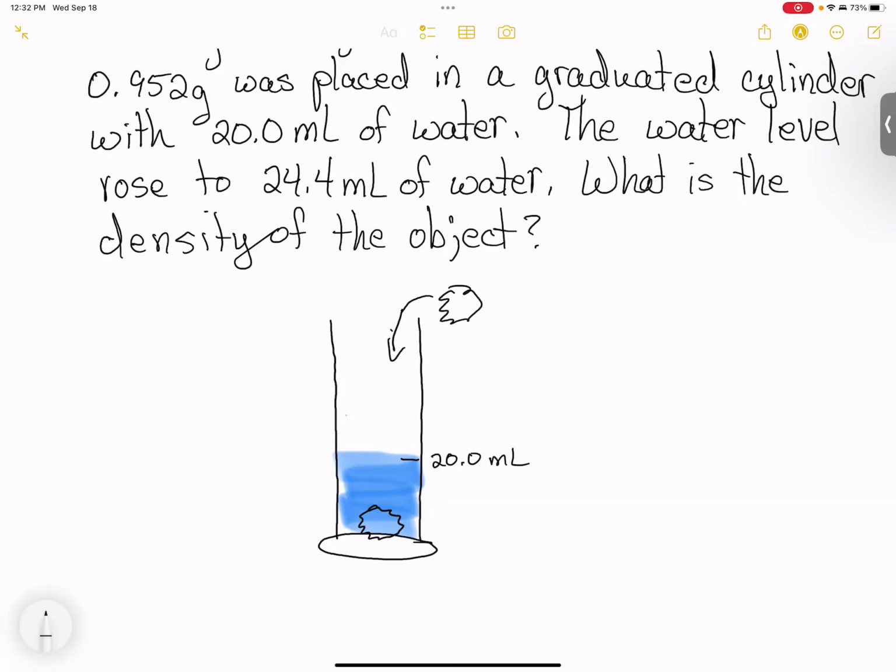And what it did is it caused the volume to rise to 24.4 milliliters. Since no two things can occupy the same space, the volume of the object is going to equal 24.4 minus 20.0 milliliters. Or in other words, the object has a volume of 4.4 milliliters.